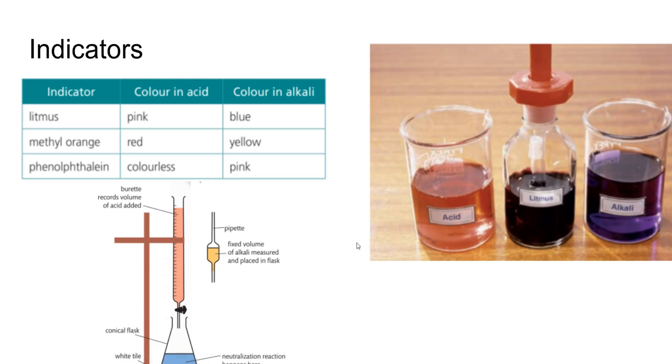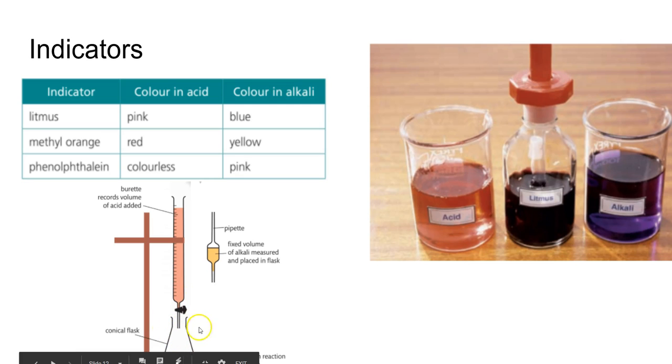Last thing we're going to talk about is indicators. We've seen indicators in class with the water to wine demo, as well as the bromothymol blue with acid breath. They change color when they're in acids or in basic solutions. And so this is a titration setup. You pretty much put an indicator in this beaker, and you either put an acid or a base in there.